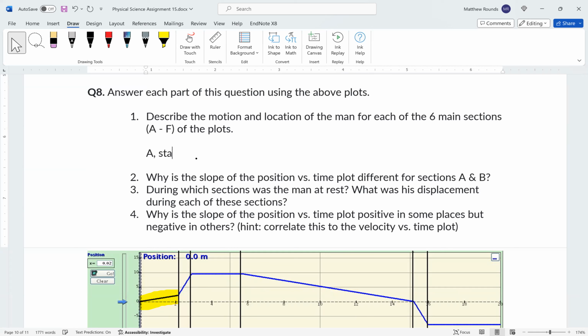You have to talk about the start and the stop, and then you have to indicate direction, left versus right.